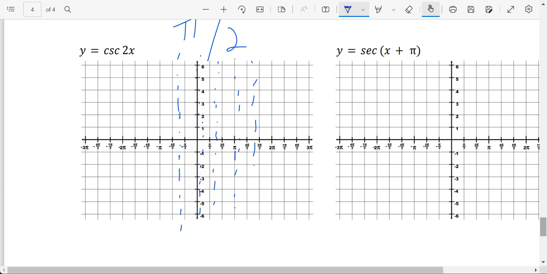So that's going to cut our x value in half for when it's first at 1. Instead of it being at pi over 2, it will be at pi over 4. And I'm going to use a different color to make it stand out.